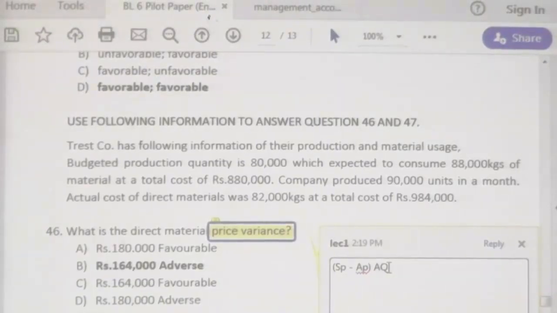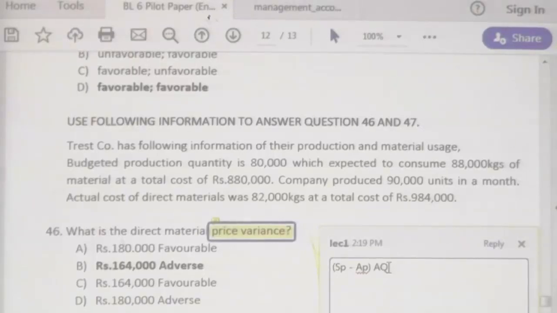The company has the following information. Budgeted production quantity 80,000. It is not required. Which expected to consume 88,000 kilograms of material at a cost of 880,000. That is budgeted information. Total budgeted cost 880,000, quantity expected to use 88,000.